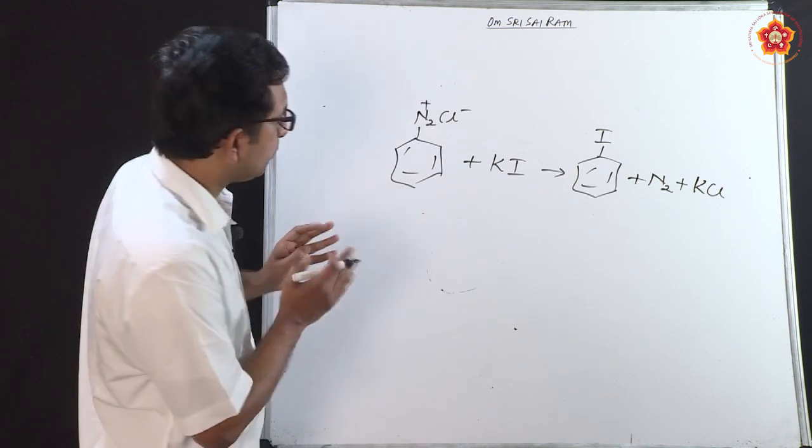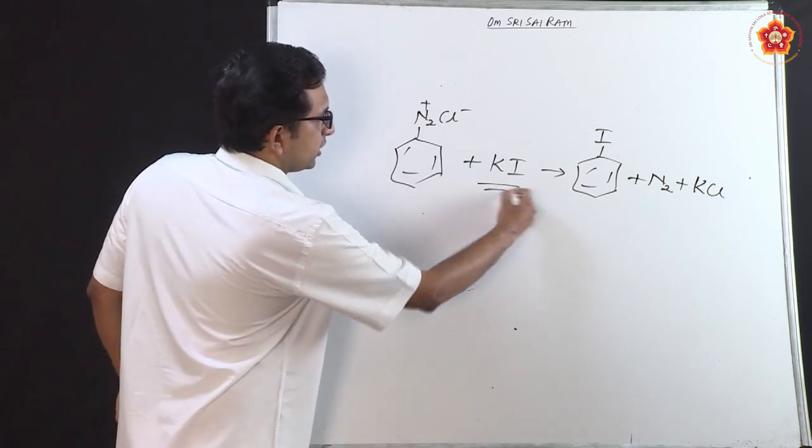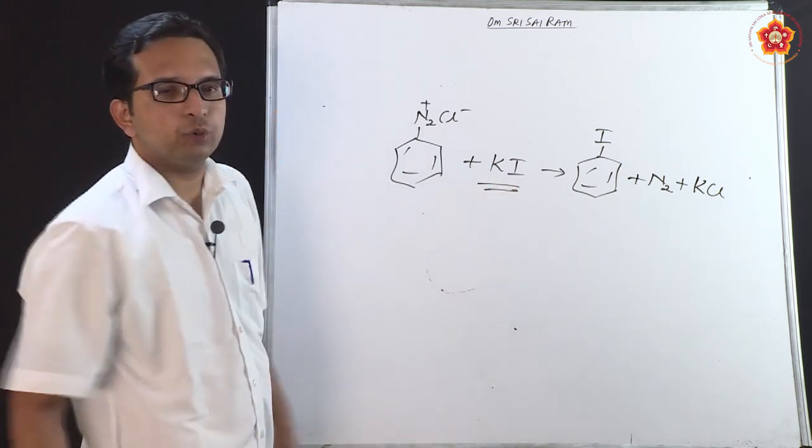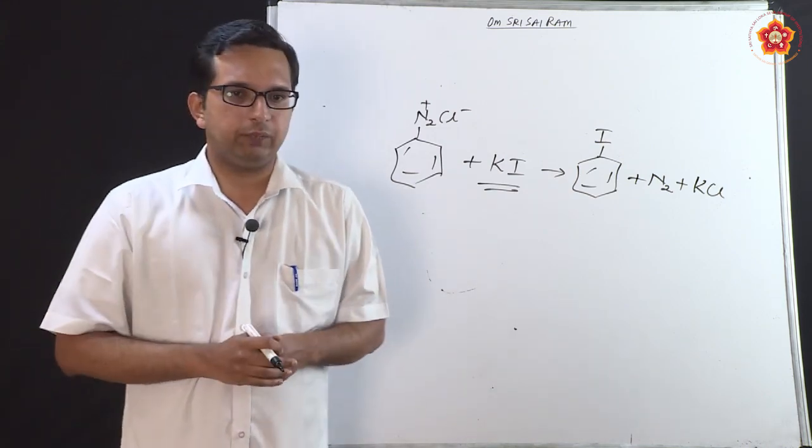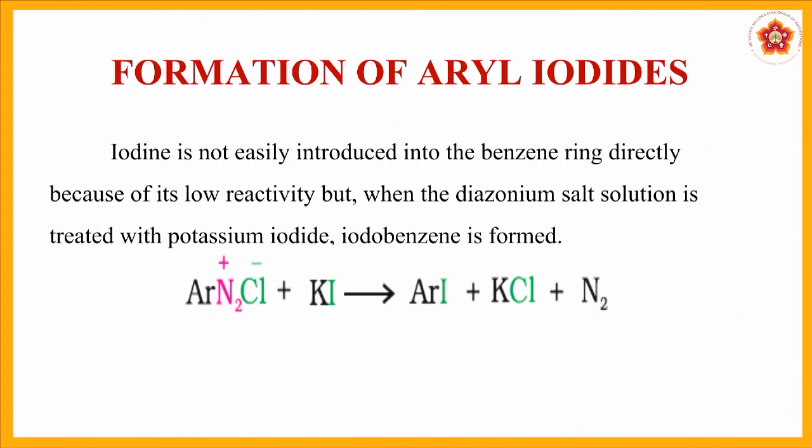This reaction is important because iodine cannot be introduced into a benzene ring directly because of its low reactivity. So, if this was about the introduction of a halogen with lower reactivity, the question of addition of fluorine corresponds to the concept of high reactivity seen in fluoride molecules.